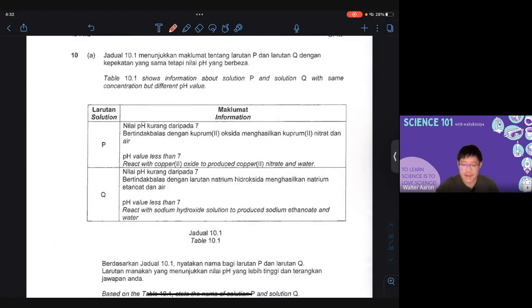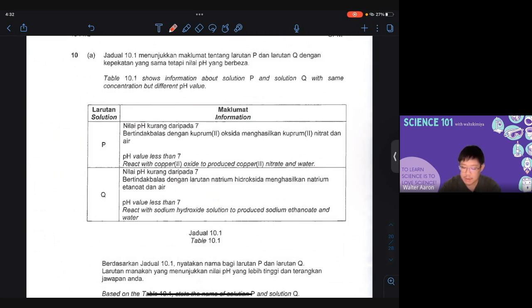All right, for number 10, the concentration of different pH value. So in this case here, you have solution P and Q with the same concentration but different pH value. P, with pH value less than 7, reacts with copper oxide to produce copper 2 nitrate and water.